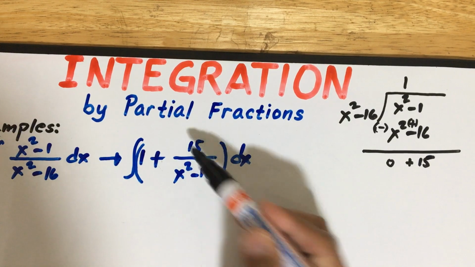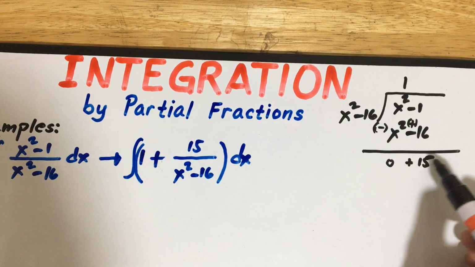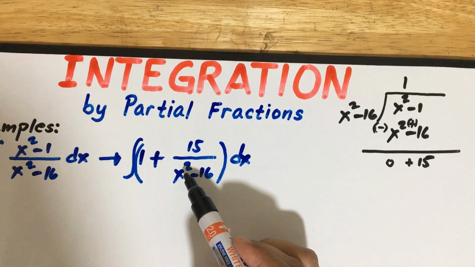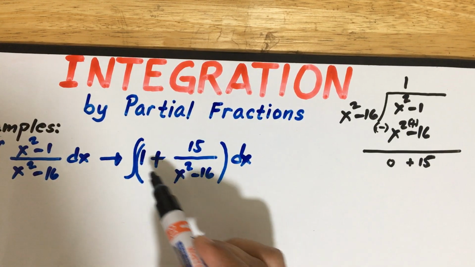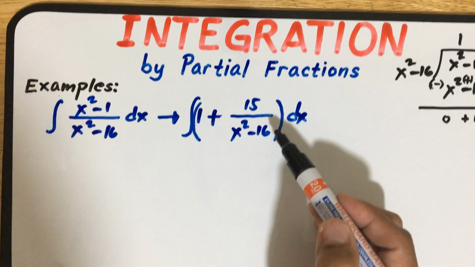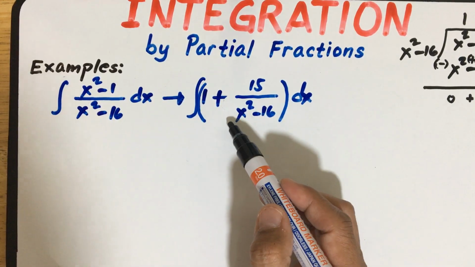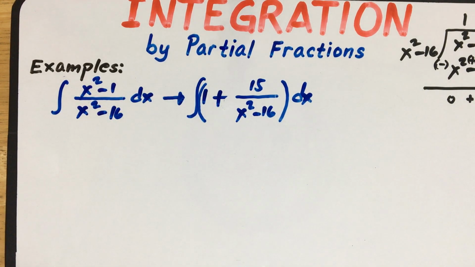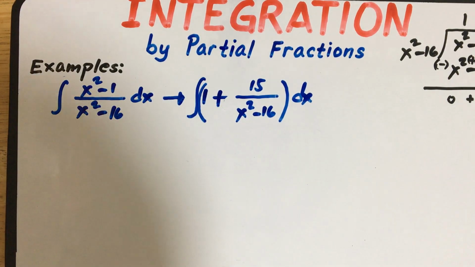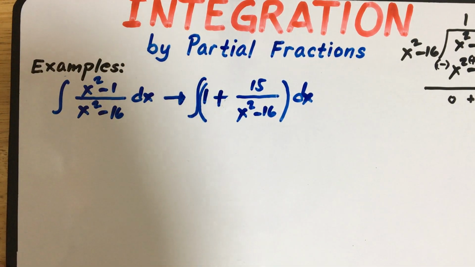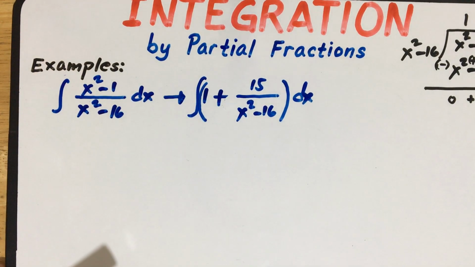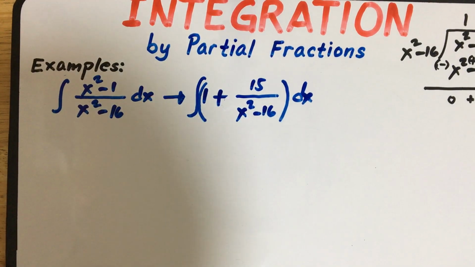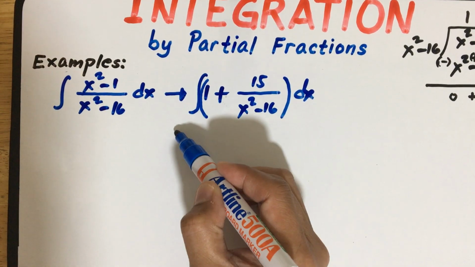The 15 here is the remainder, and of course the remainder is to be divided by the divisor. So after the polynomial division, we have this expression, and this integral is equivalent to this. Then let's proceed to the steps that we've done similar to our first two examples. All right, so we can write this now.